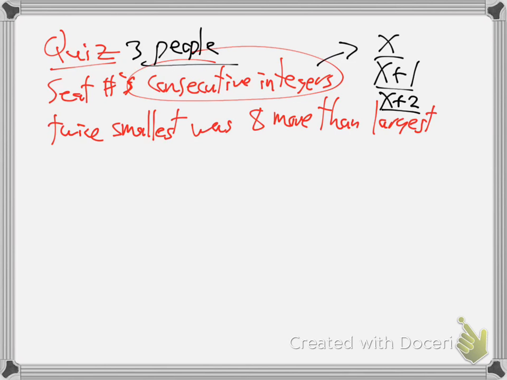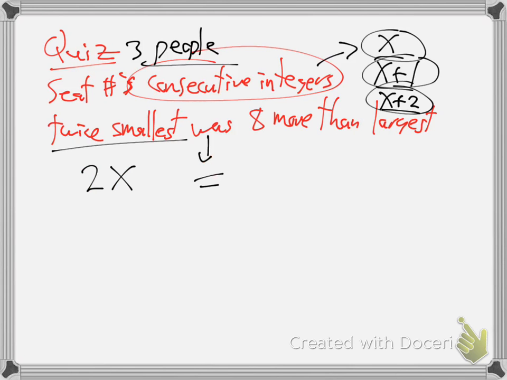So then it says twice the smallest. Who's the smallest? This one is the smallest, this one's the medium, and this one's the largest, like small, medium, and large. So twice the smallest, 2 times x, was, equal to 8 more than the largest, 8 added to x plus 2.